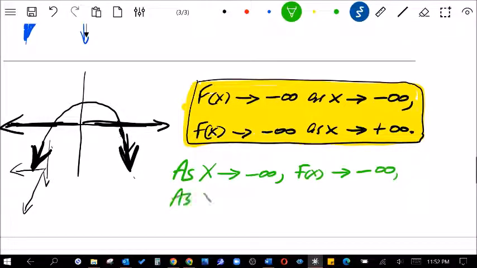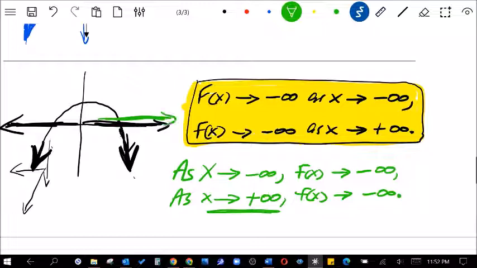Then we would say as x approaches positive infinity, the function of x approaches negative infinity. And so you can match that up. X approaches positive infinity is the one that's going this way, but the arm is still going down, so it's still going to negative infinity.